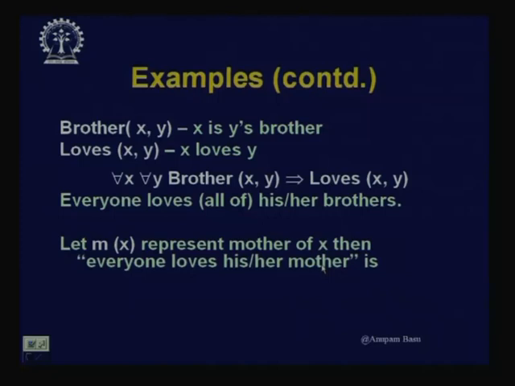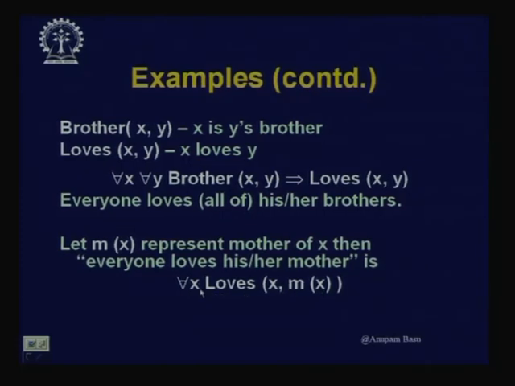Let us suppose by m x I denote, m is a predicate, this predicate will denote mother of x, and I want to express everyone loves his or her mother. What would be a correct first order predicate logic sentence in order to express this? It would be for all x loves x m x.